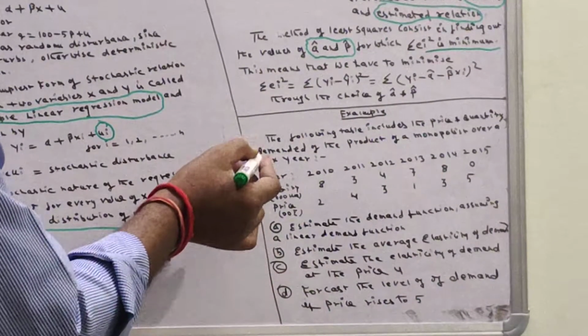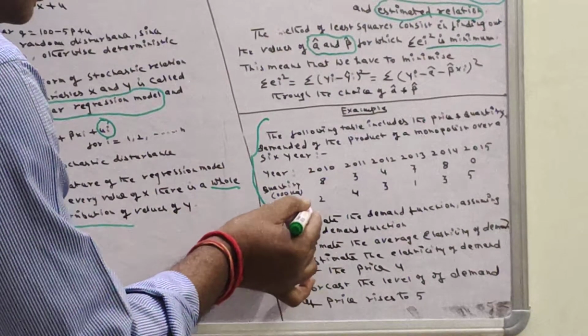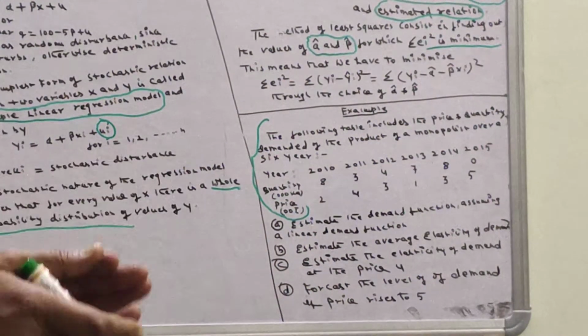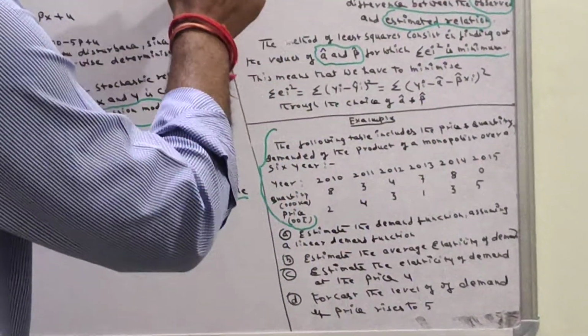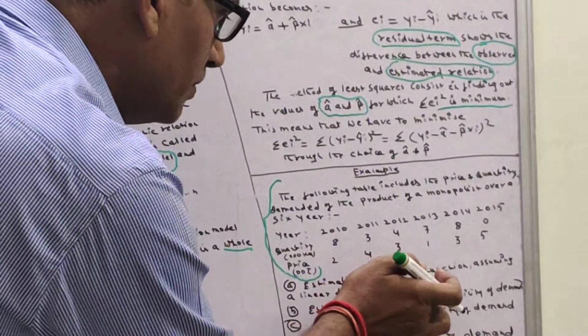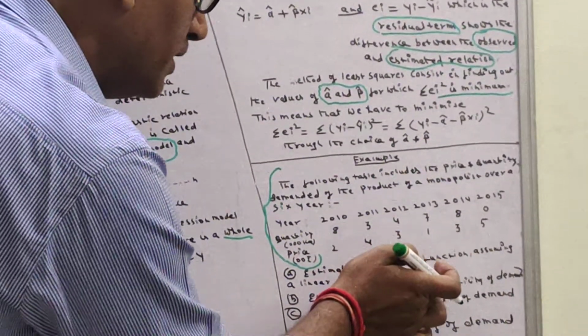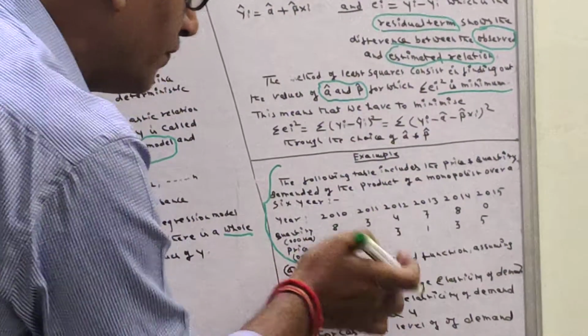These are the given data, and we will have to estimate here, by applying ordinary least square methods, the estimated demand function, assuming a linear demand function.